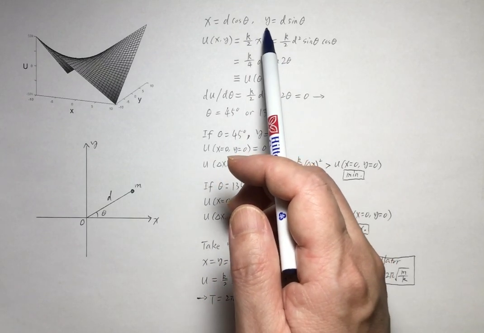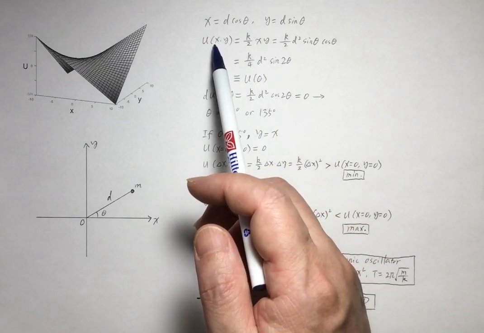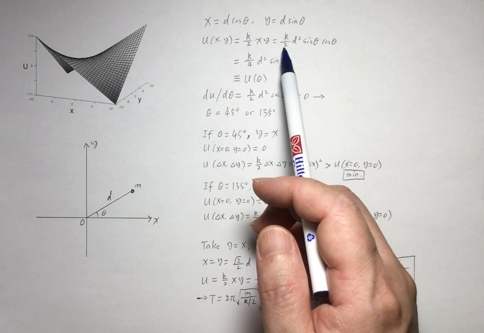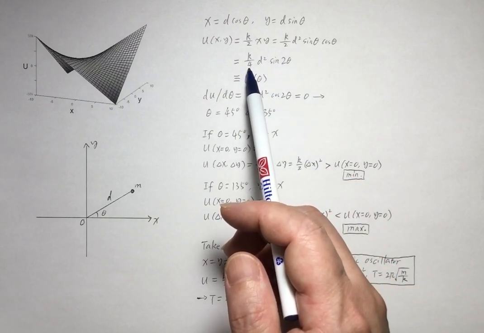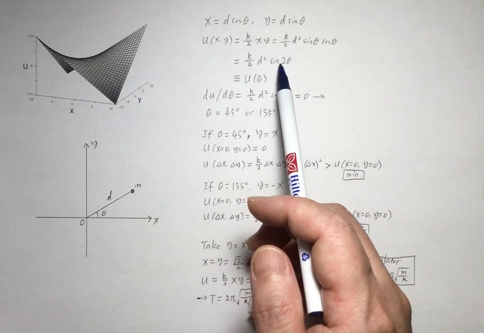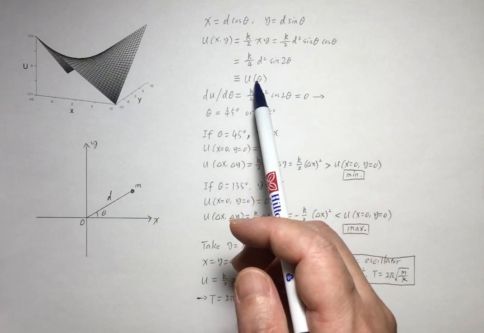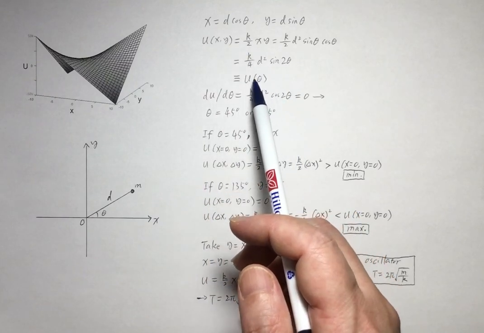Now we plug these two expressions into U, and then simplify to be k over 4 d squared sine 2 theta. We define this as U(theta), instead of U(x,y).